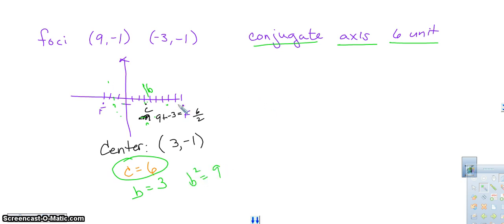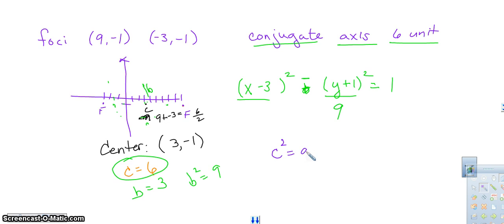My foci are horizontal, so x is the positive term. So x minus 3 squared minus y plus 1 squared equals 1. The b distance is under the subtracted term, so b squared is 9. I just need a squared. I remember that c squared equals a squared plus b squared.